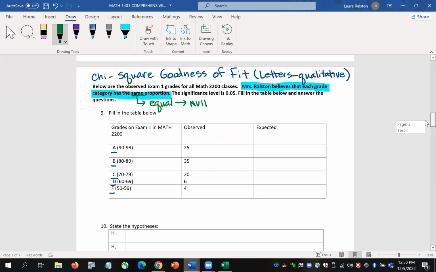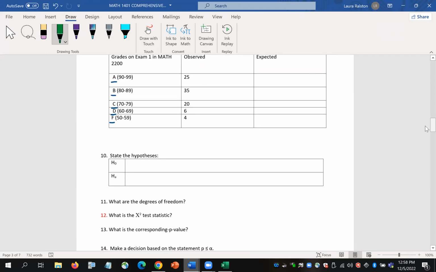So you can actually use that statement: each grade category has the same proportion, which again implies that they're equal. The null hypothesis must always and forever contain equal. Some folks forgot that on exam 4.